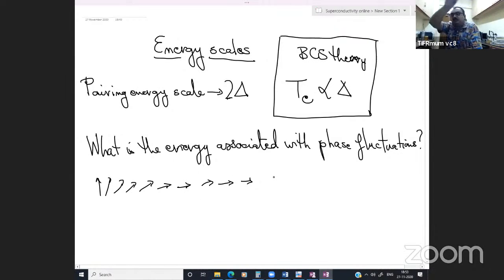So the phase is slowly changing with some characteristic wavelength maybe. What's the energy cost associated with that? So for that, we need to start with the Josephson relation, actually with Ginzburg-Landau theory.